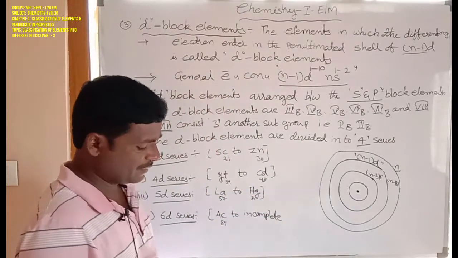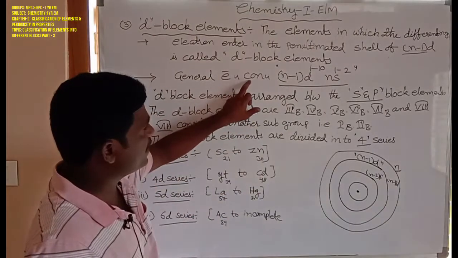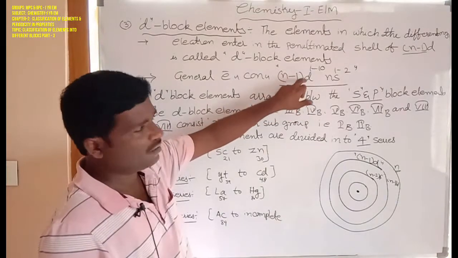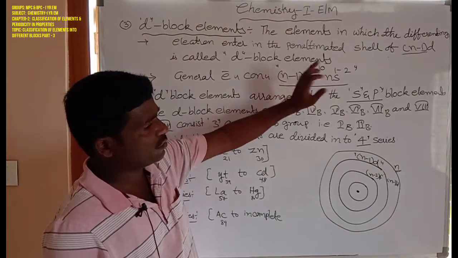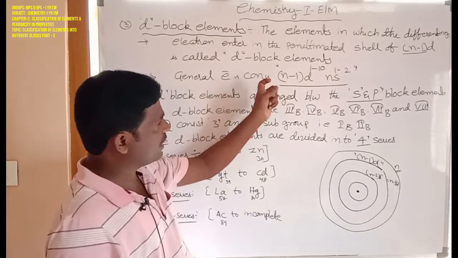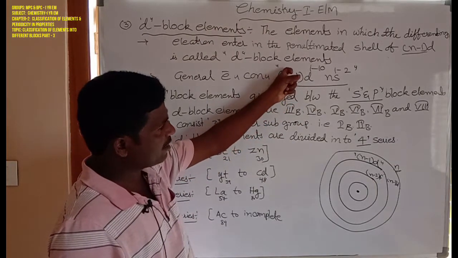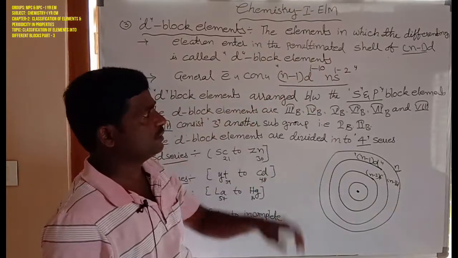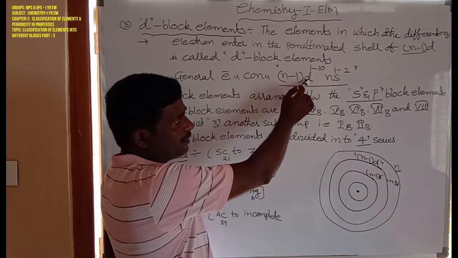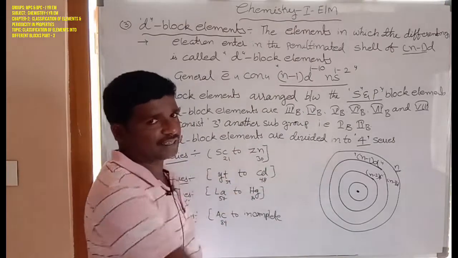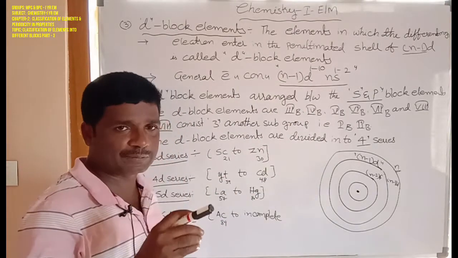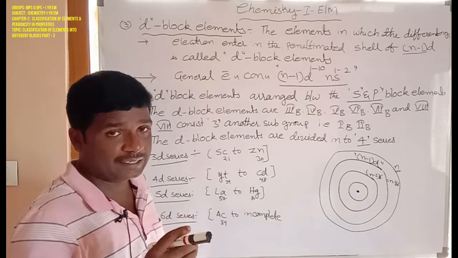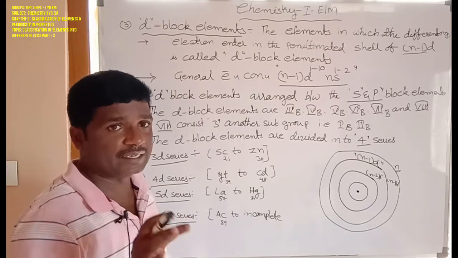Next point, the general electron configuration of the d block elements is n minus 1 d 1 to 10, ns 1 to 2. In the n minus 1 d orbital there are 1 to 10 electrons, because d orbitals are of 5 types: dxy, dyz, dzx, dx square minus y square and dz square.